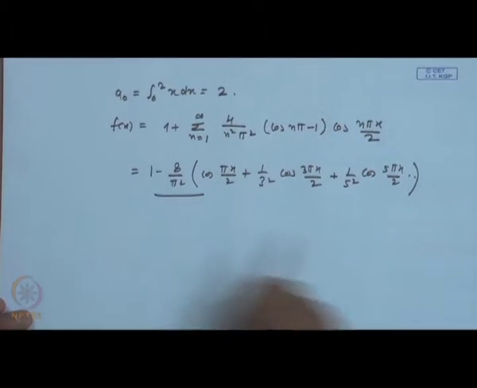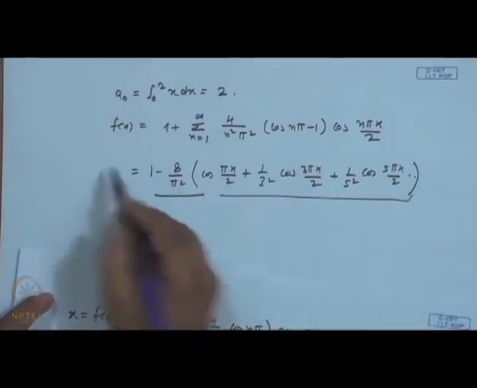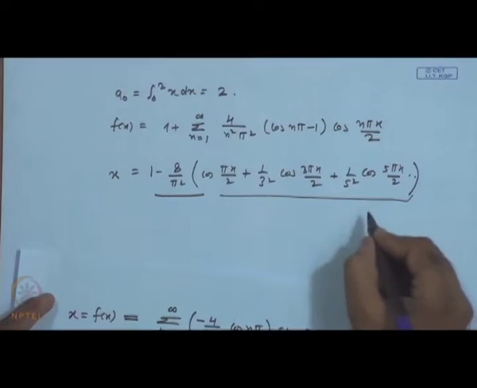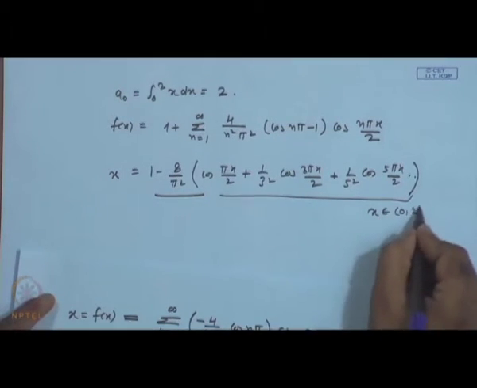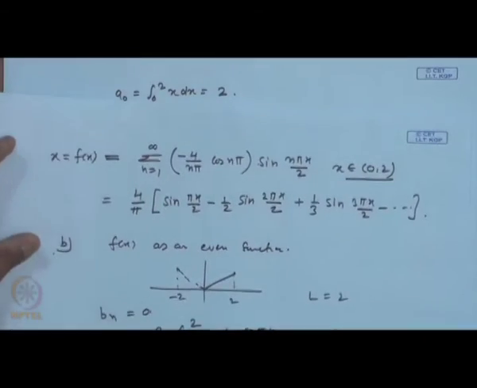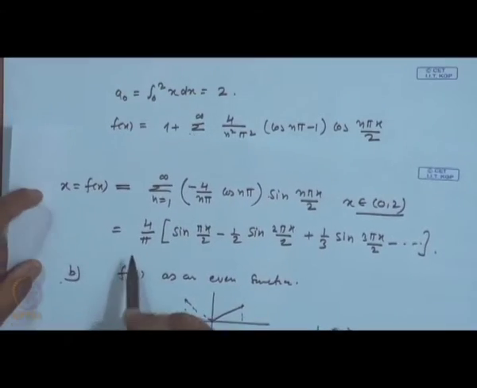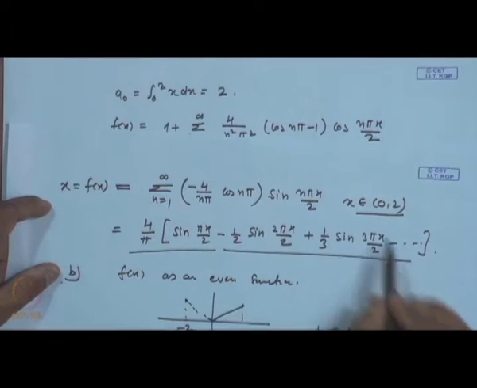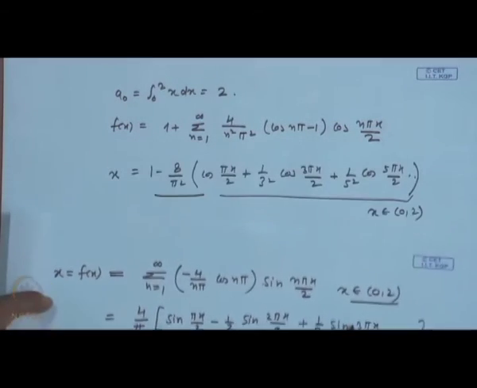So, now it is interesting to see that for the same function, we have taken this function x which was defined in the 0 to 2 domain, and we get for the same function this cosine series, that is given here. This is also x in this domain, x from 0 to 2, and we also have this sine series for this function which is also valid in 0 to 2.